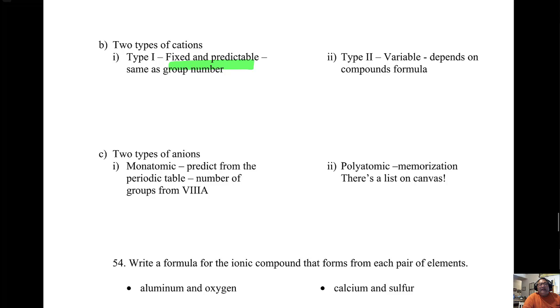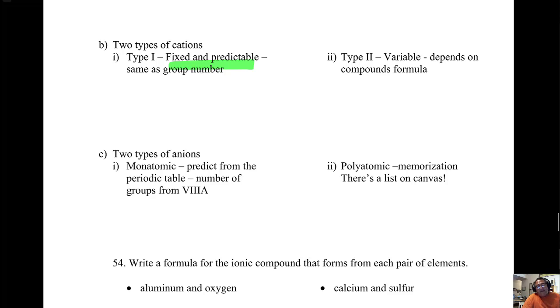I wanted her to be able to depend on how I was going to be. I was still a little spontaneous, but I was a type 1, right? Now, not all guys are like that. Some guys are type 2s. They're unpredictable. Sometimes their charges are different, sometimes they're the same.